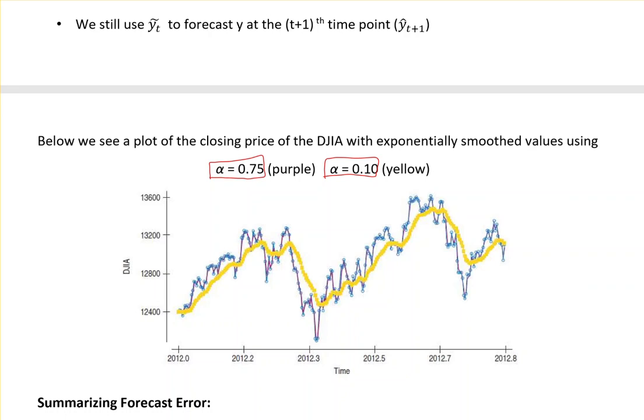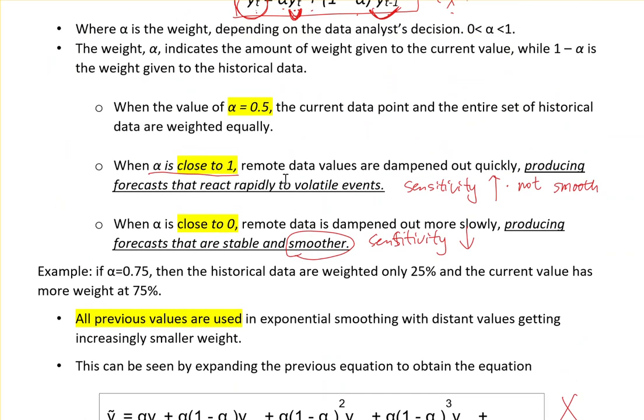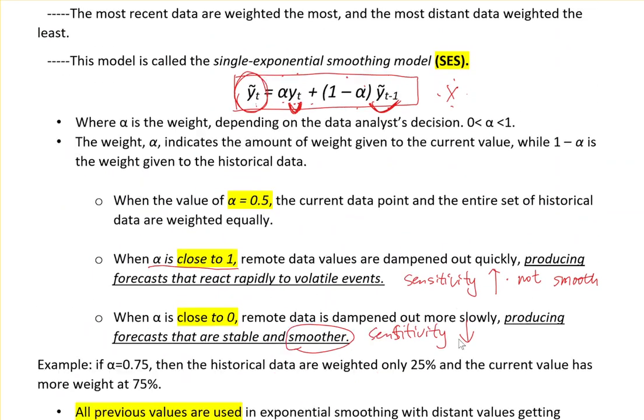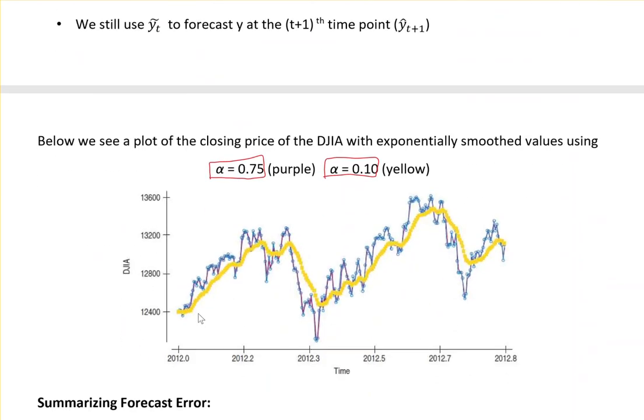The yellow one, right? So here, I don't want you to remember the rules. I don't think it is a good idea to just remember them. I want you to understand them, so that even though you don't remember these rules, you can always figure out which one is which. Just think about it: alpha is the weight for the current value.